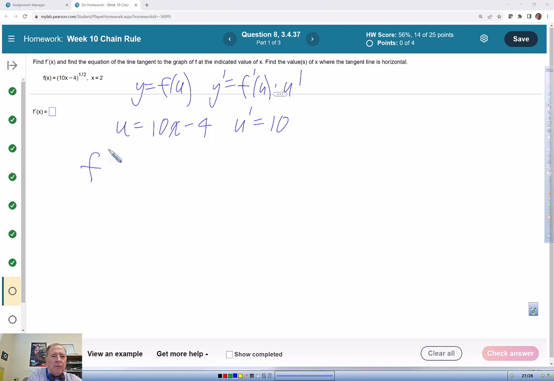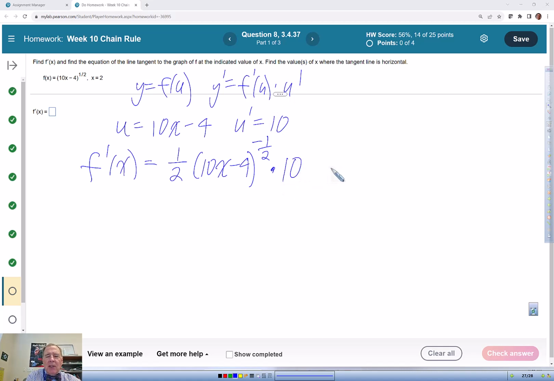To get the derivative f prime of x, I'm going to do the power rule on the parenthesis like it's just a variable, so 1/2 (10x minus 4), and I need to subtract 1 from that old exponent, negative 1/2, then multiply times the derivative of the inside u.